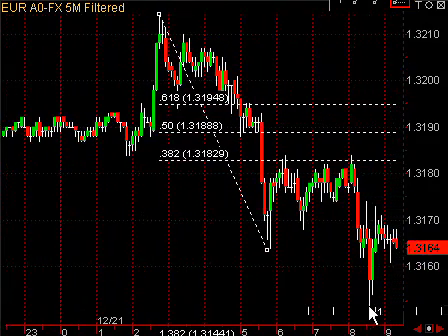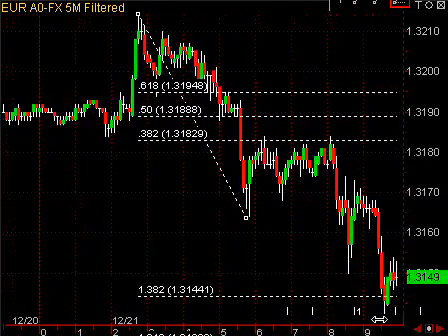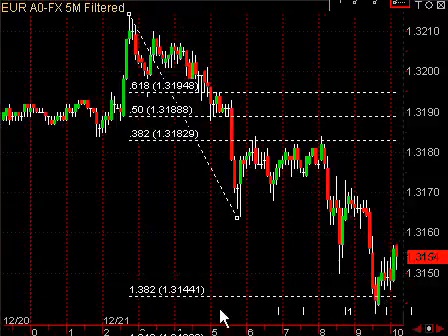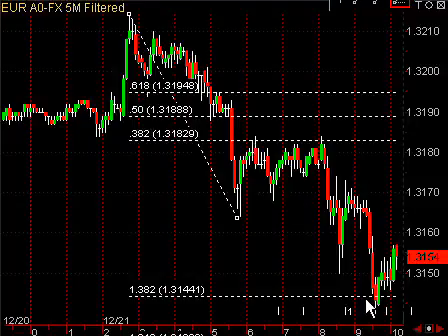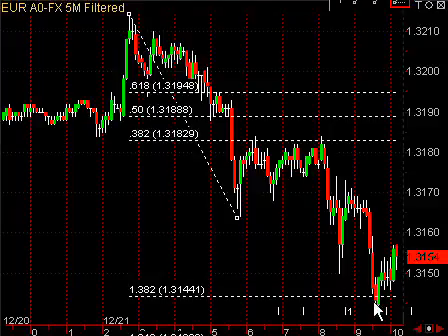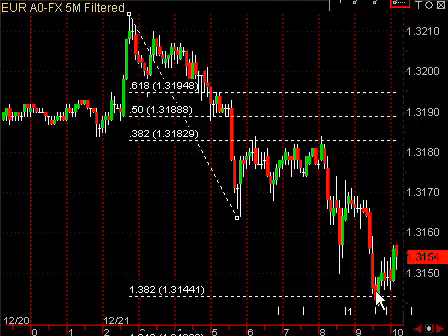The market breaks down and is going to a lower low, and you can see the market stalls right at the first Fibonacci profit target. If you're short right around here, this is your first profit objective, and in this case you made about 36 pips. And if you're a counter trend trader, you can wait for this level to get into a low short-term counter trend trade. You would have bought here at 1.3145.